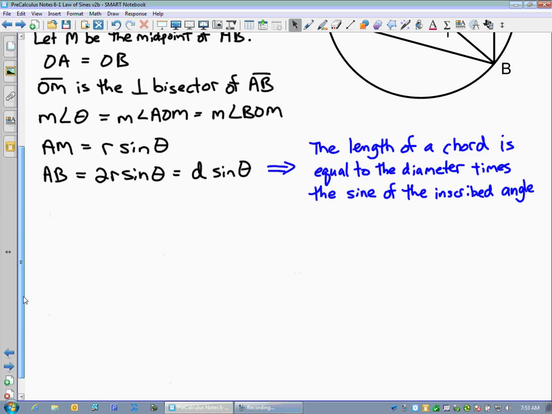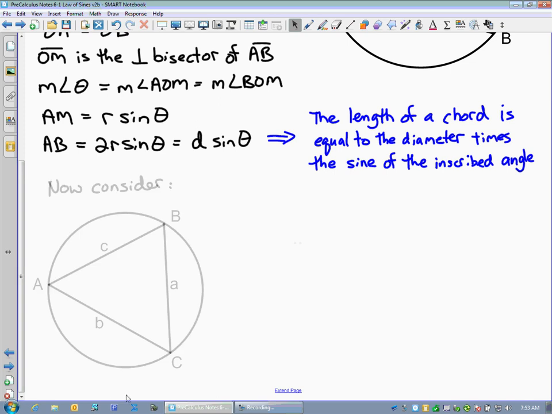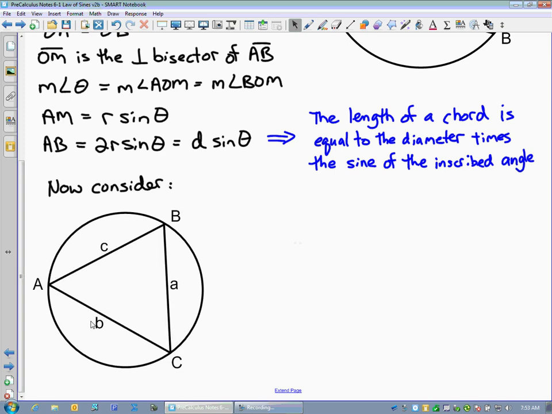So we're going to use this now to consider the following diagram. I'm going to take any triangle, and I'm going to draw the circle that circumscribes it. And any triangle can be circumscribed with a circle, if you remember your constructions from geometry. And looking at our diagram then, if I consider side A of the triangle, then that is just a chord of the circle.